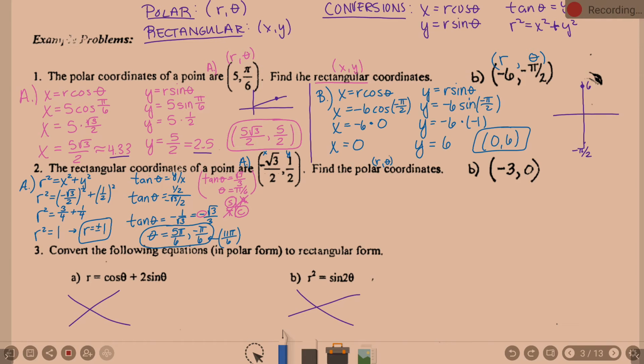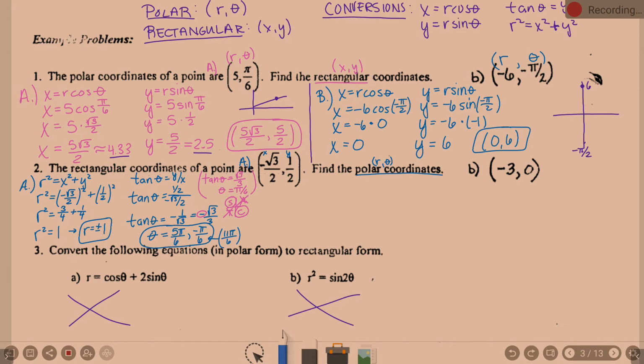Now, here's the deal, guys. Our job was to find the polar coordinates, yes? I found 2 r values and 2 theta values. You can't just stop here. We want polar coordinates. I need ordered pairs. So we have to pair these up, and we have to pair them up correctly.